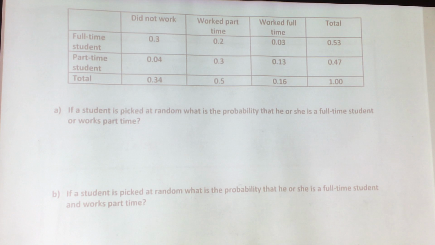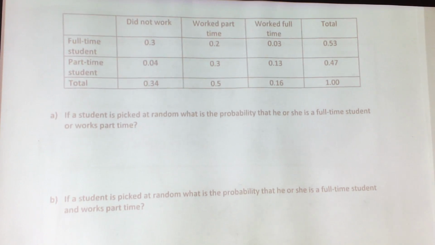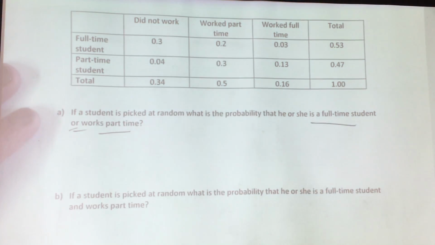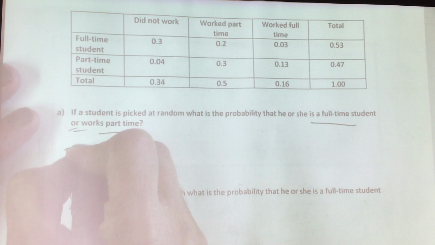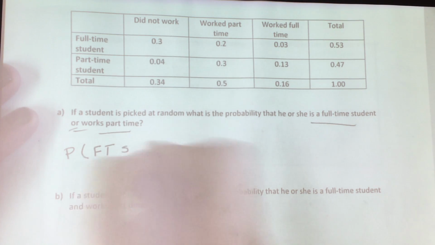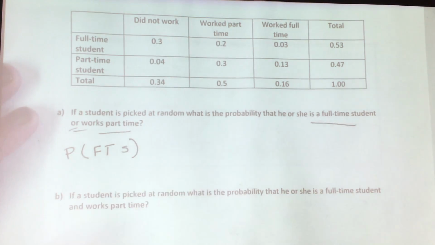Let's answer the first, letter A. If a student is picked at random, what is the probability that he or she is a full-time student or works part-time? So find the probability that he is a full-time student or works part-time.